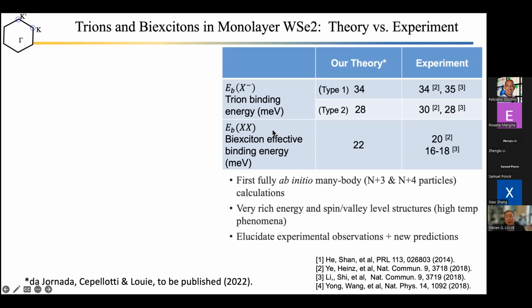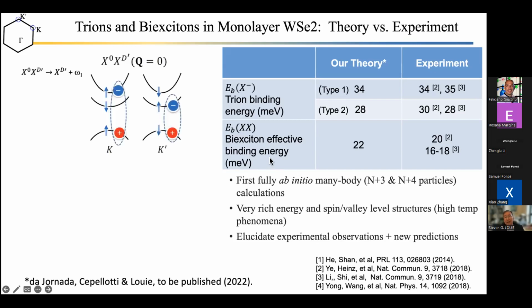For example, the bi-exciton in this system has traditionally been assumed to be of this form, that is, a bright intra-valley exciton combined with a dark intra-valley exciton.